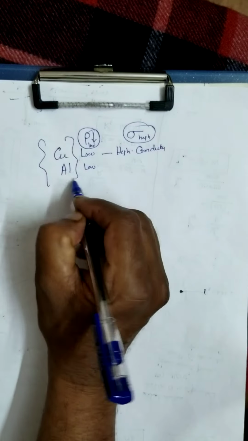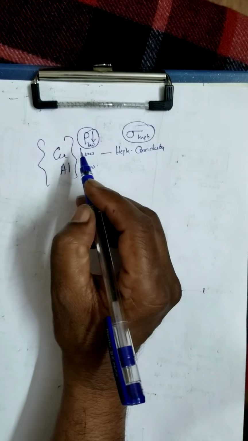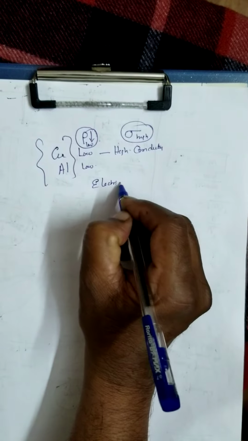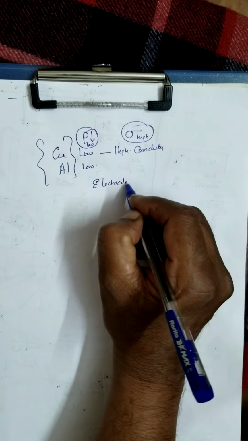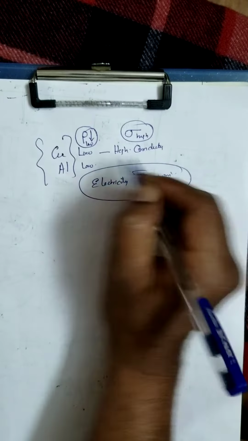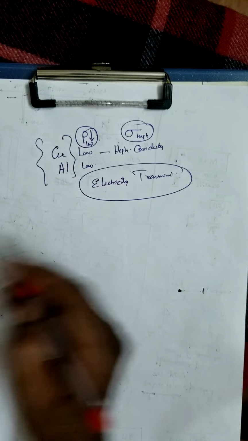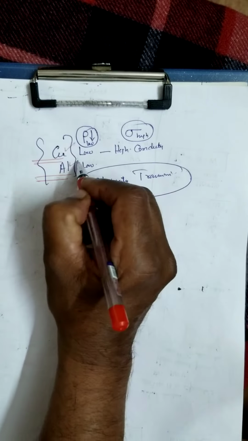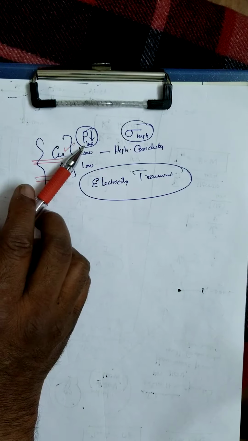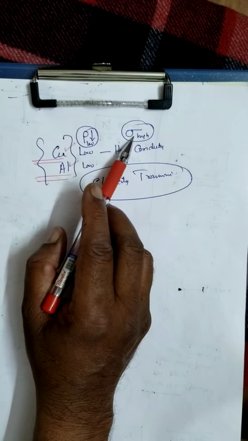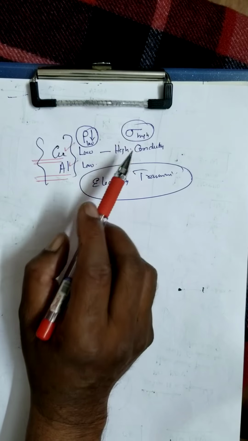Therefore, these metals are usually employed for electricity transmission. For electricity transmission, which elements do they usually use? Copper and aluminum, because they have low resistivity, low opposition, and high conductivity. That is the reason.